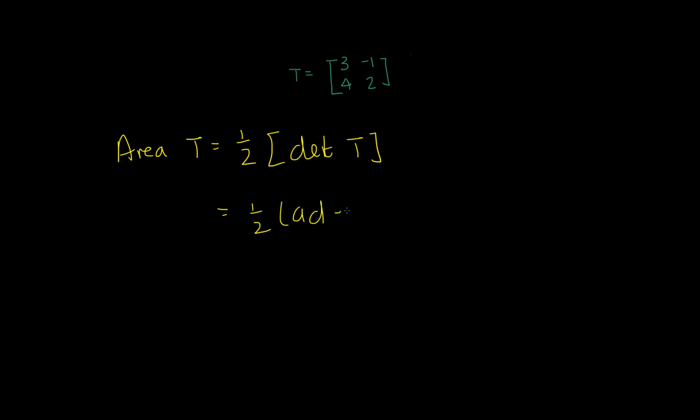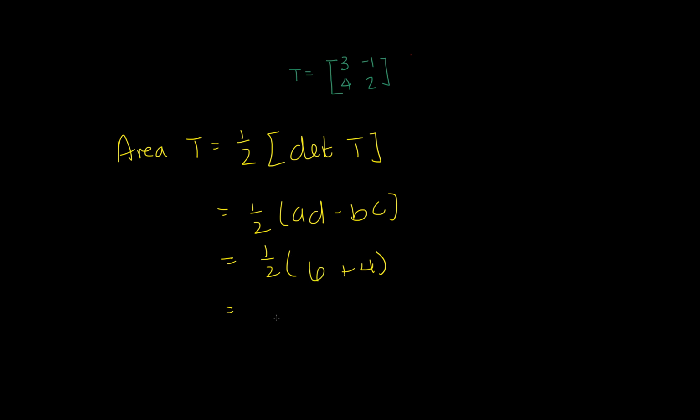So this is going to equal 1/2 (AD minus BC). In our case, this is going to be 1/2 (12 plus 4). What is that, 8? 3 times 2. Oh, what did I get 12 from? 3 times 2 is 6. Good thing I double checked that.